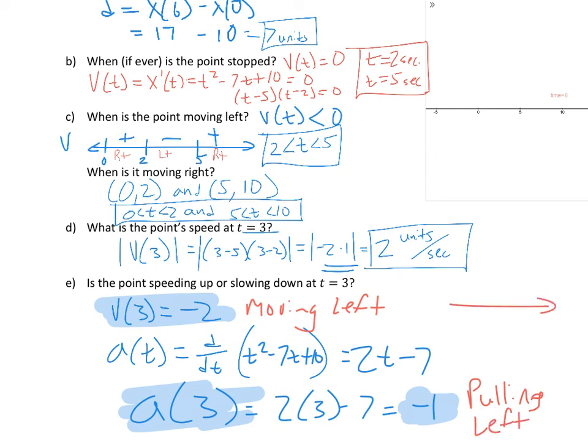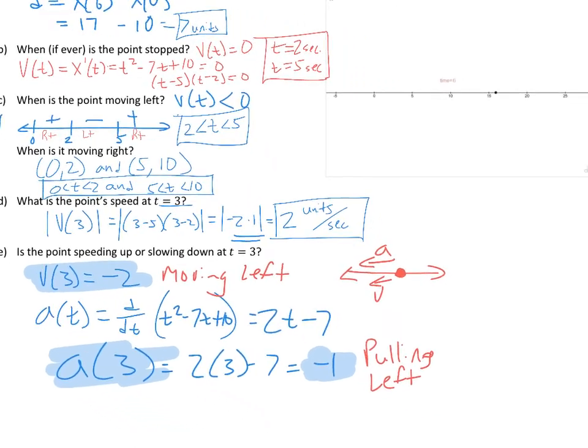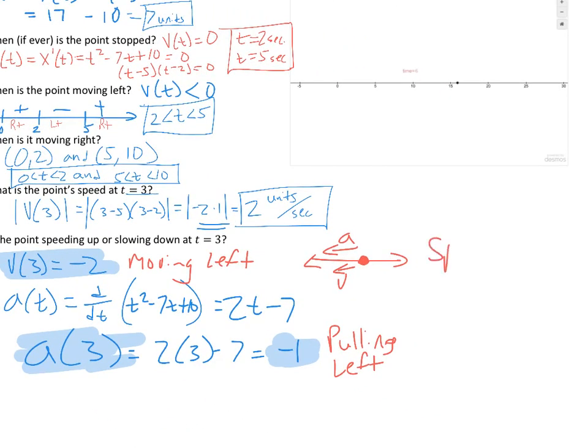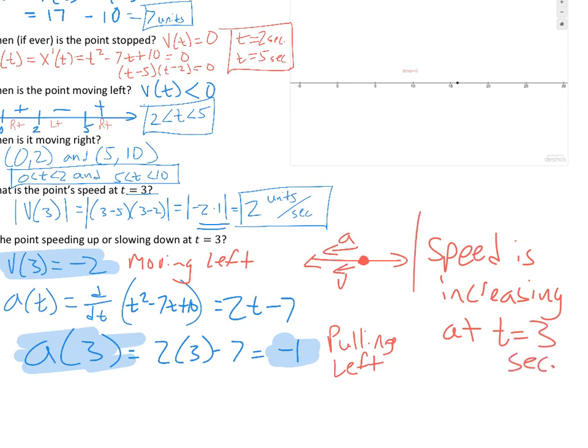So if you've got a point on the number line moving left, the velocity is going left, and the acceleration is going left, the acceleration is pulling it in the direction it's already moving. So this is going to be speeding up, or the speed is increasing. If those were going in opposite directions, then the speed would be decreasing. So at 3 seconds, the speed is increasing in this case.